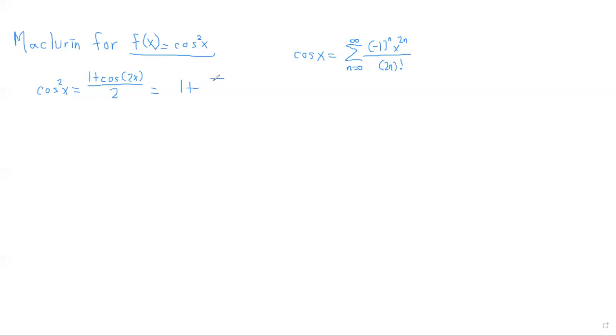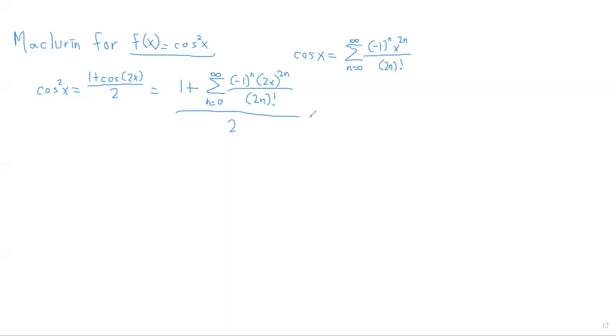So 1 plus the sum from n equals 0 to infinity of negative 1 to the n, 2x to the power of 2n, over 2n factorial, all over 2. And I'll be honest with you guys, this looks a little messy.